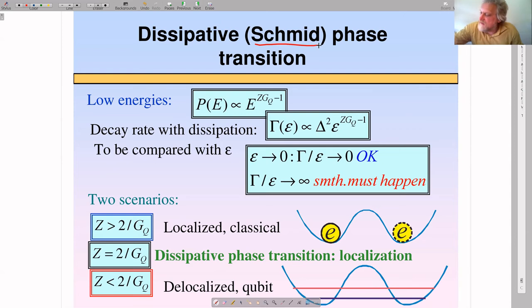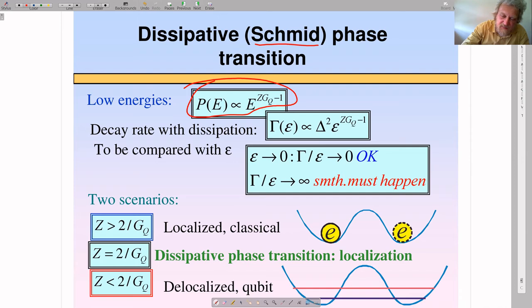Without going into details, let me understand how to pinpoint this transition. Let us use the expression for P of E we have.